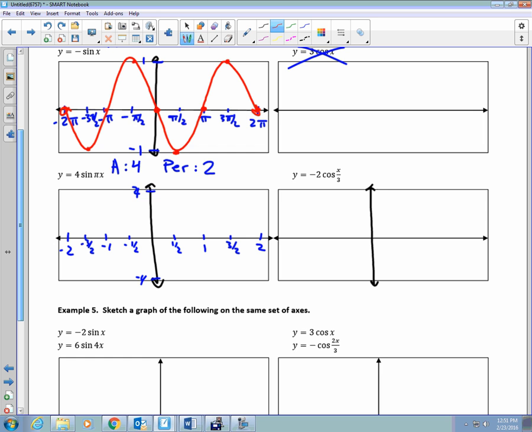Where's it going to start? And it's going to go up. Then you can also go in reverse order.